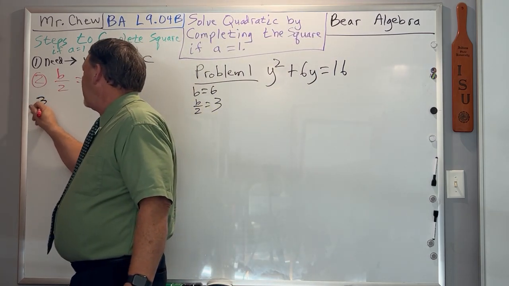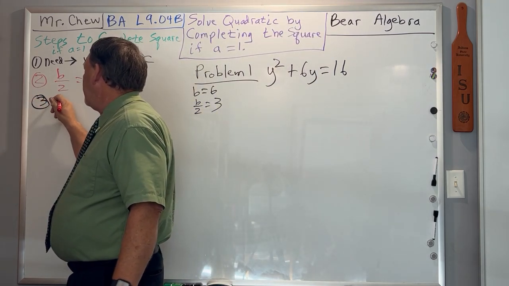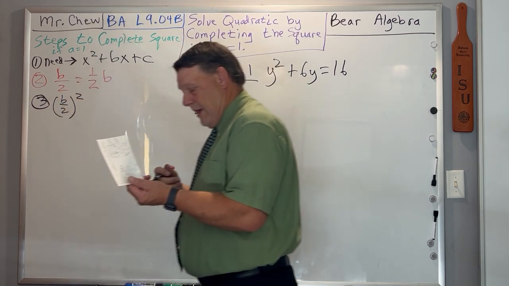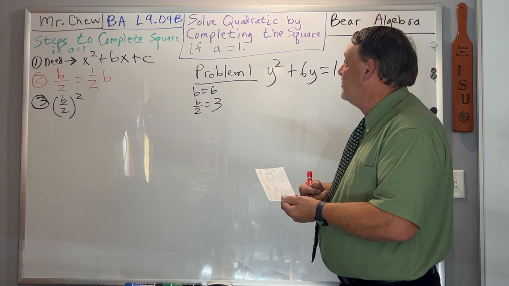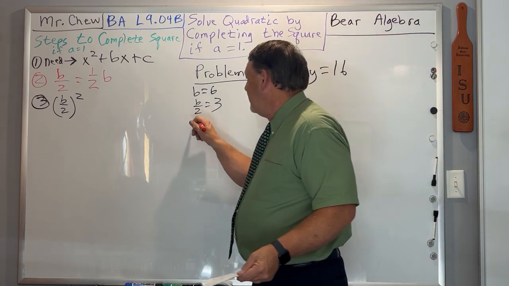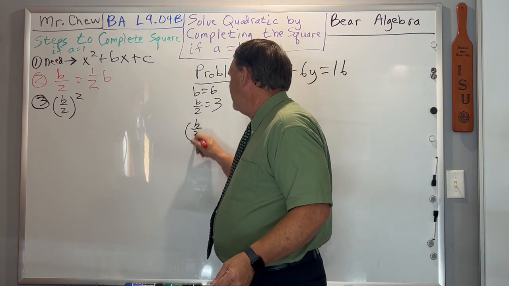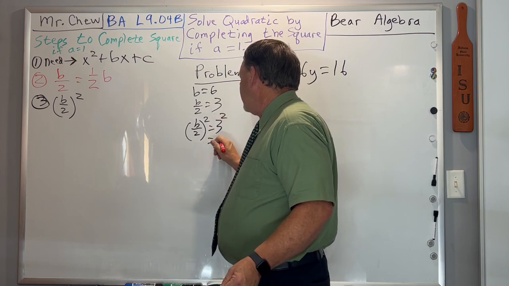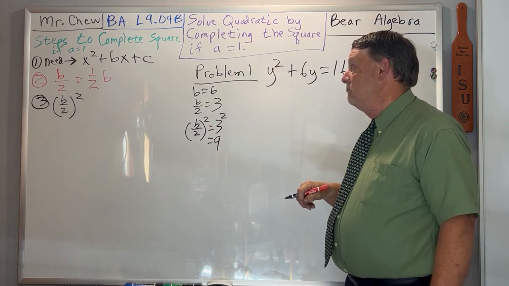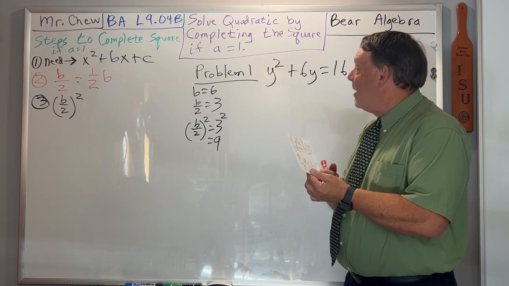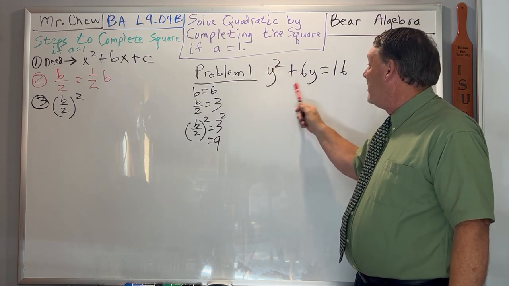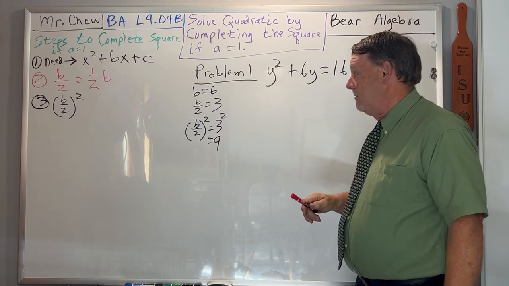So I need to find that particular number. Then on step 3, I need to take my b over 2 and square that. So, in this case, b over 2 squared would be 3 squared, which equals 9. Okay? So now what we're going to do is we're going to end up solving this and finding the roots of this.